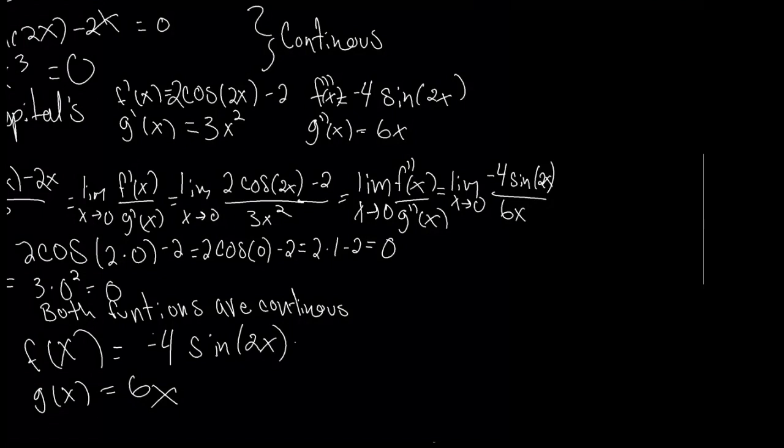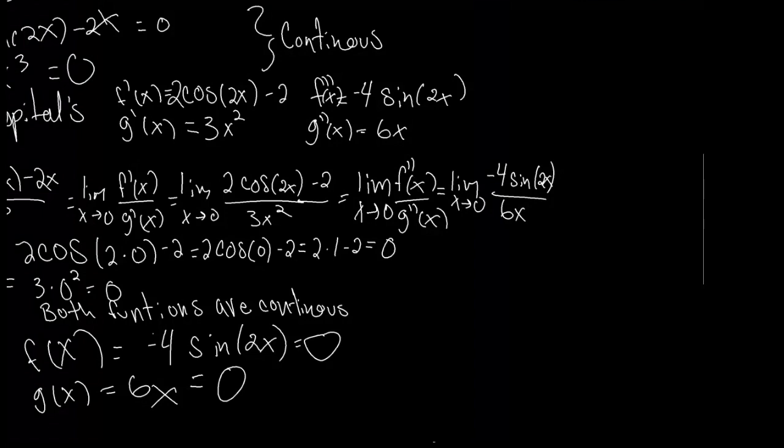When we plug in 0, 6 times 0 is 0, and negative 4 times sine of 2 times 0, which is sine of 0, is 0. So negative 4 times 0 is 0.